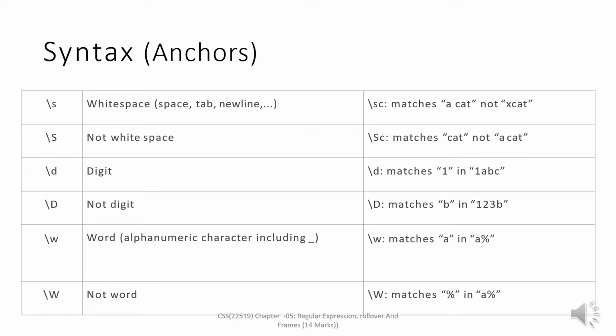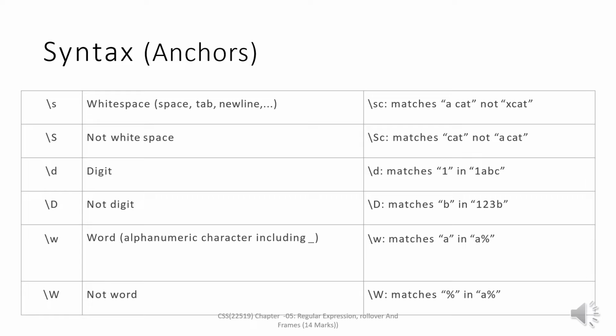Next is \s, white space, meaning space, tab or new line. \sc matches a cat, not xcat. \S is not white space, it matches cat, not a cat, meaning space is not allowed. \d is a digit, it matches 1 or the 1 in 1ABC.